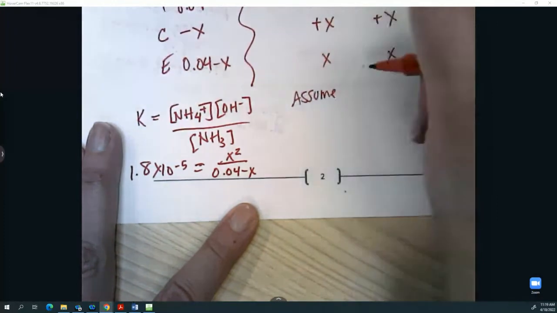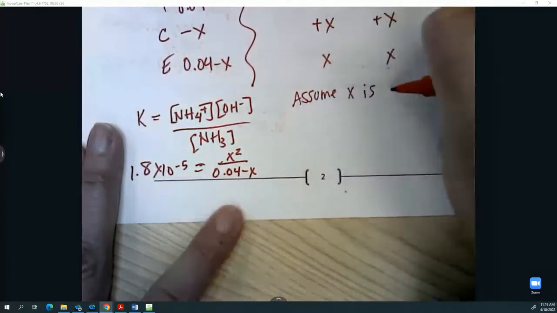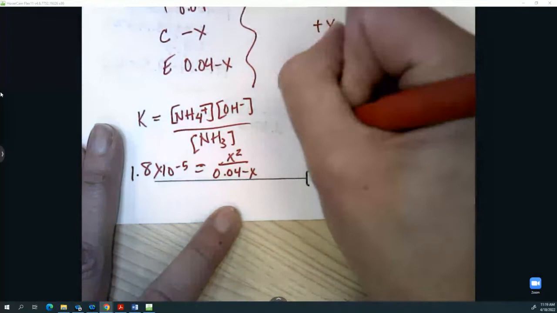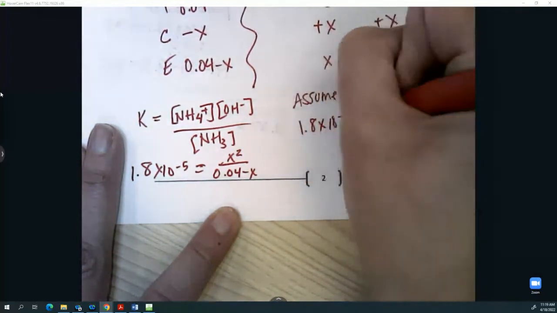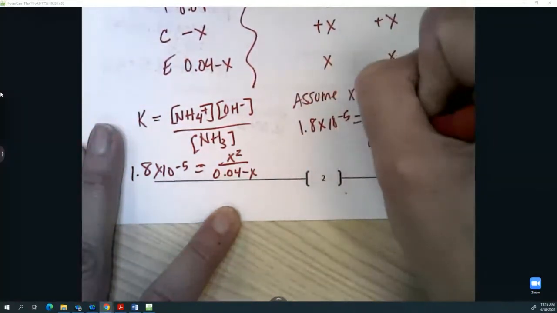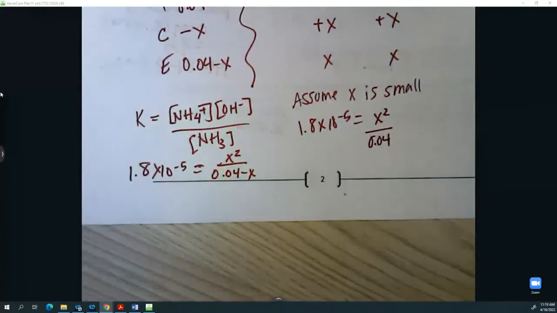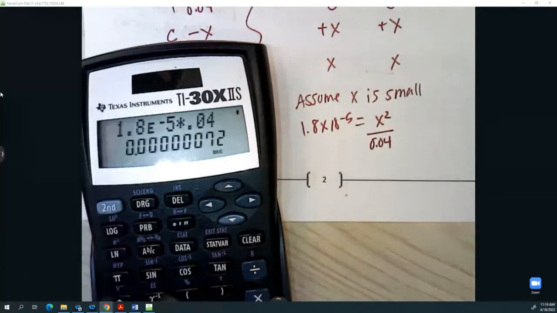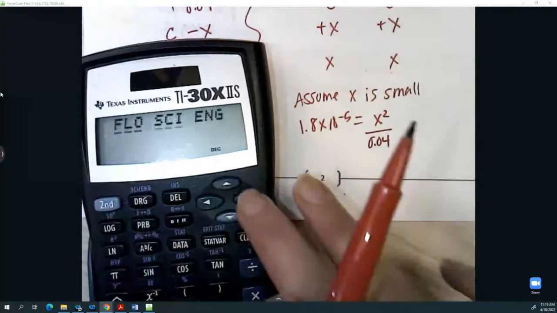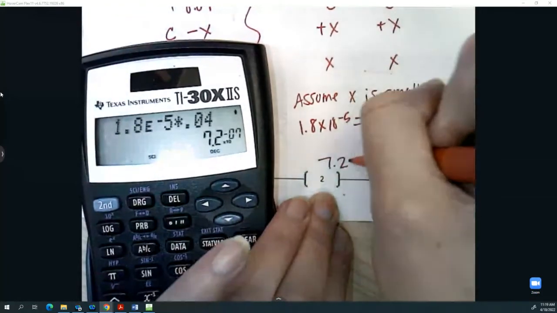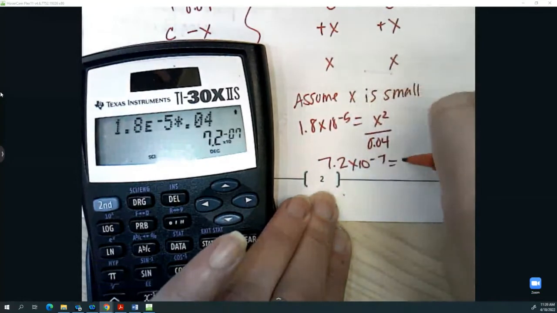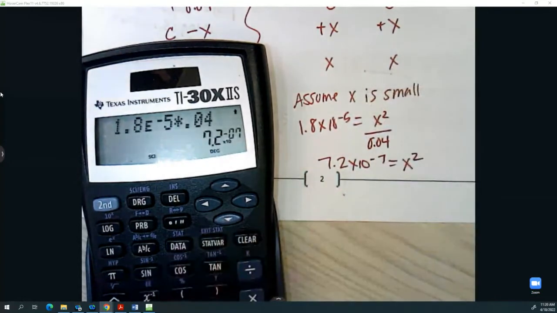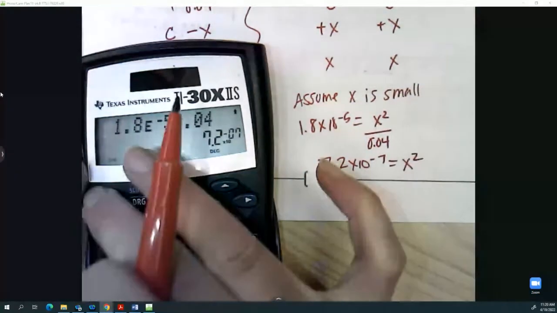I would do this for a weak acid or a weak base. So that means wherever it was added or subtracted, I assume it's small. Then I can cross multiply. And then I need to take the square root.